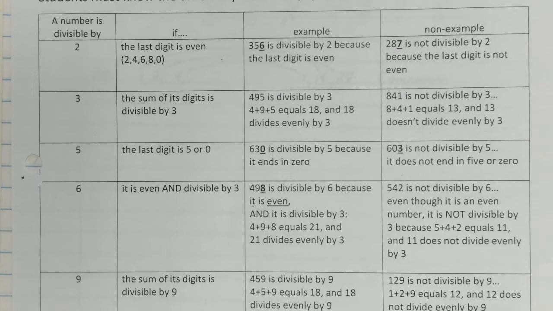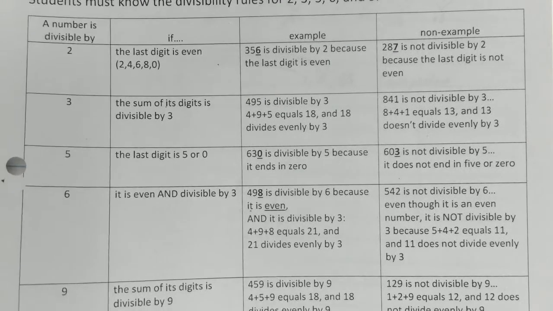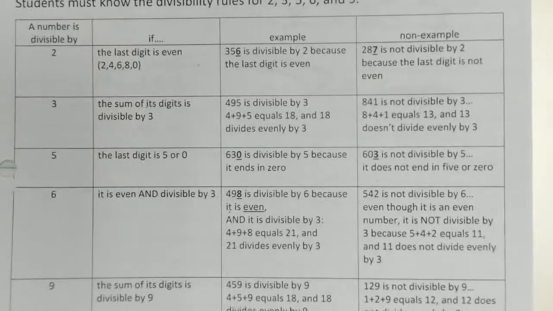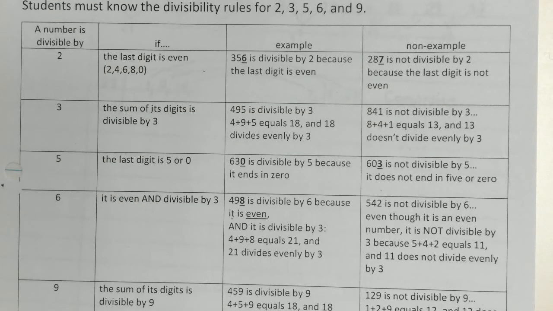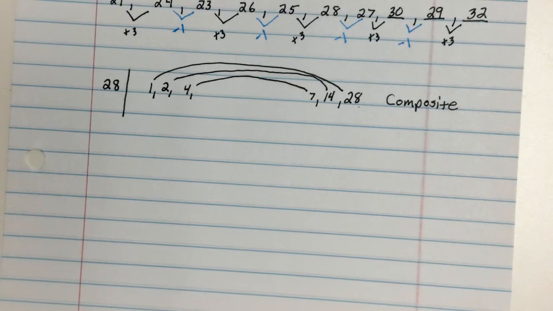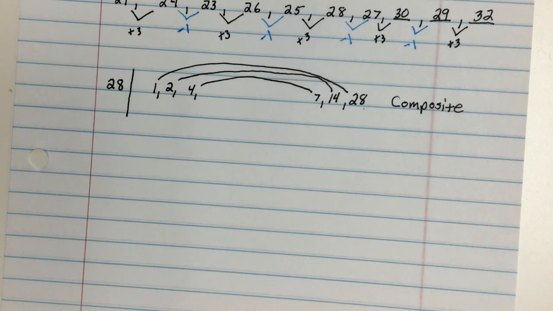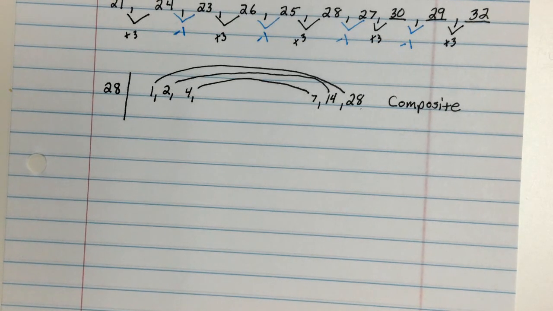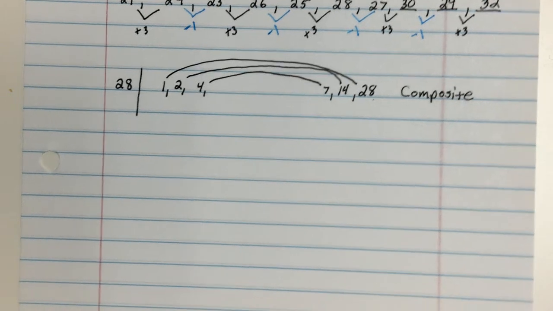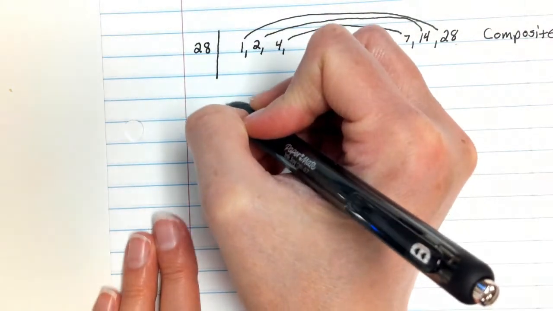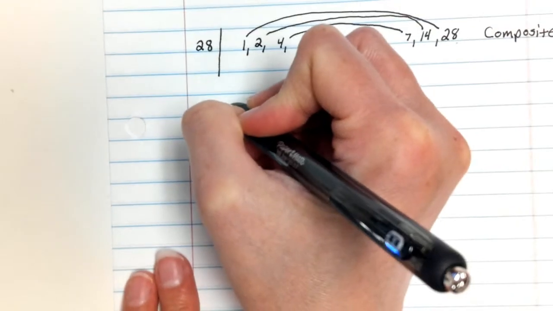So this is where, all right, and I actually think I want to do this slightly different. I want to take the number 27. So on your notebook paper, write the number 27.